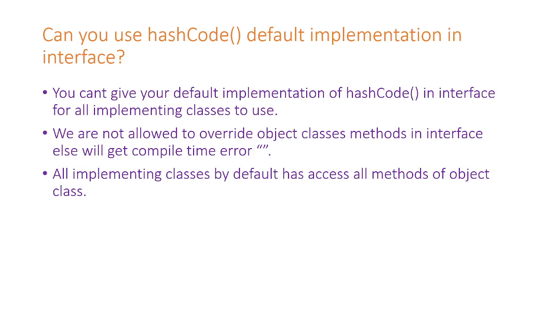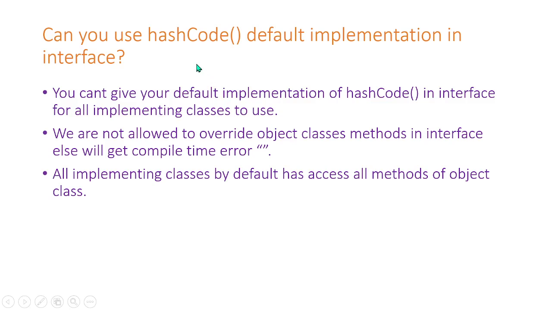So hashCode, toString, all these Java Object class methods, okay. We are having final methods; all these Object class methods, we are not allowed to override.